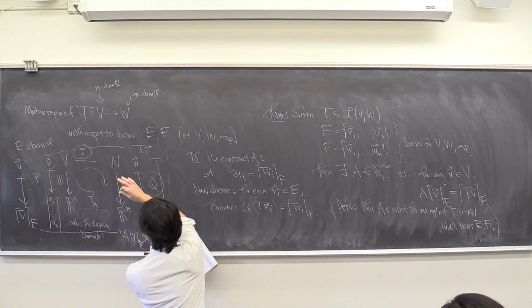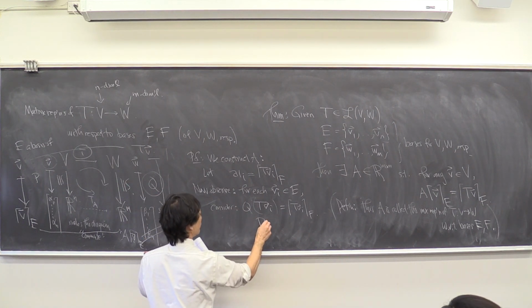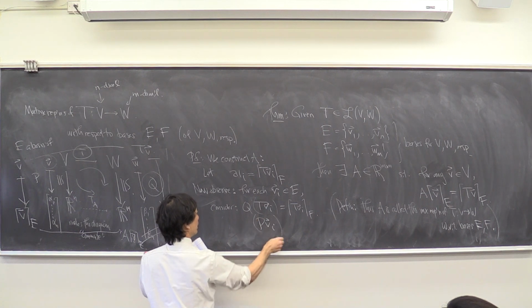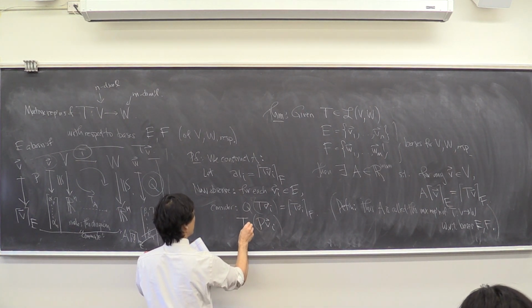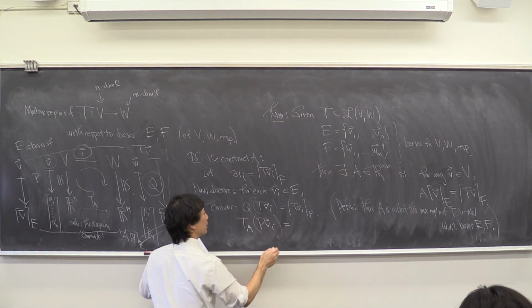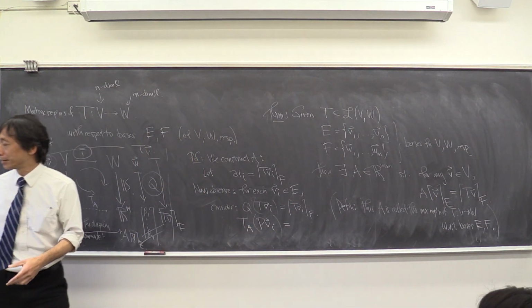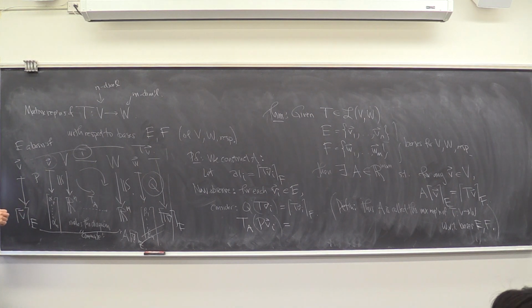But also, if we consider P of v sub i, and then follow that with T sub A, what do we get? What's P of v sub i?